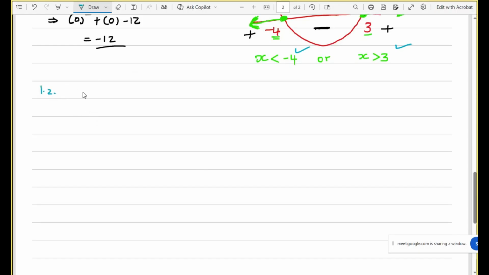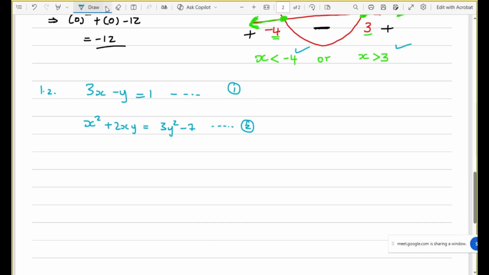You're going to take 3x minus y equals 1. Say this is my equation 1. Then you take your equation 2, which is x squared plus 2xy equals 3y squared minus 7. We call this equation 2.